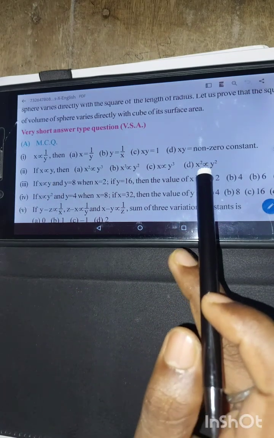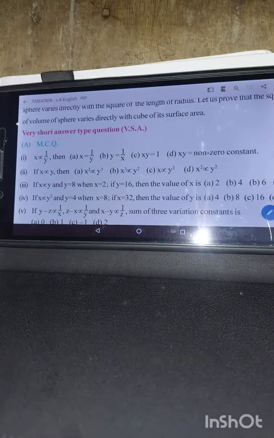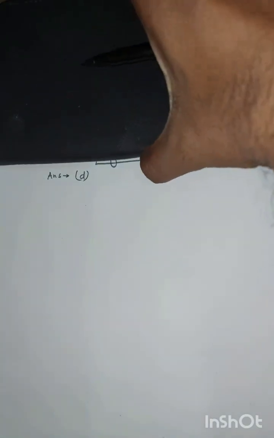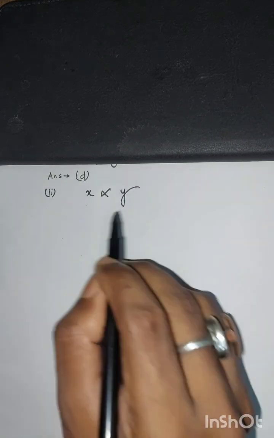So option D is our correct answer. Roman 2. x varies as y.